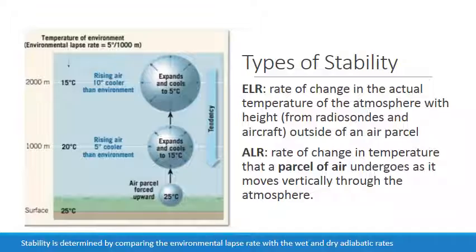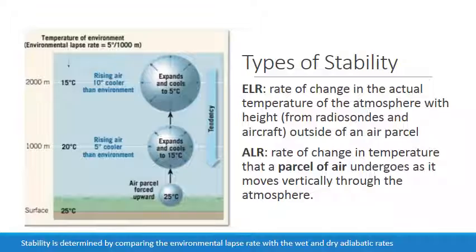So in this figure, you can see how the stability of the atmosphere is determined, where the air at 1,000 meters above the surface is 5 degrees cooler than the air at the surface, and the air at 2,000 meters is 10 degrees cooler, and so forth. So the prevailing environmental lapse rate is 5 degrees C per 1,000 meters.